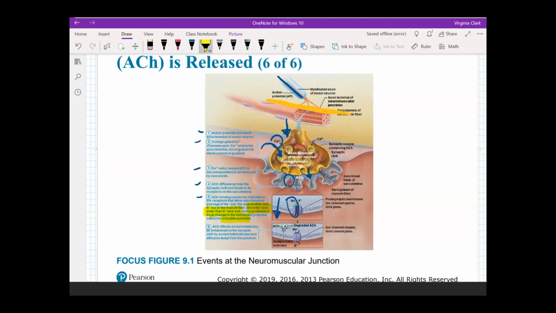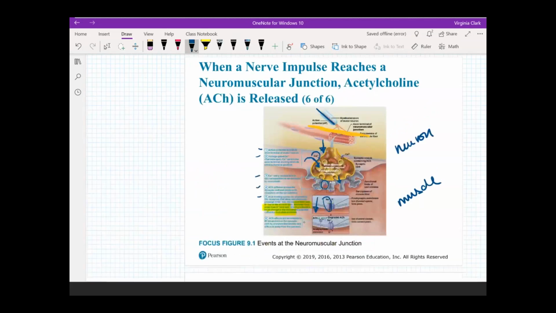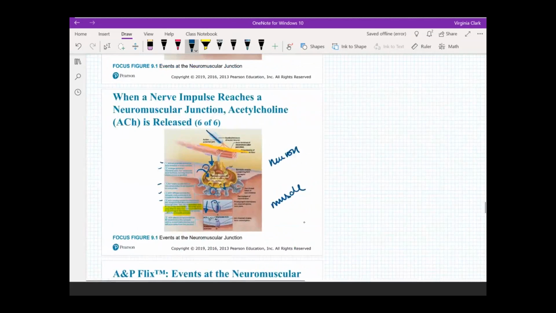You will change the plasma membrane concentration of ions, therefore you'll change the actual measurement, the potential, the charge. It doesn't seem super complicated, but it is going from the neuron to the actual muscle. This is the process that works.